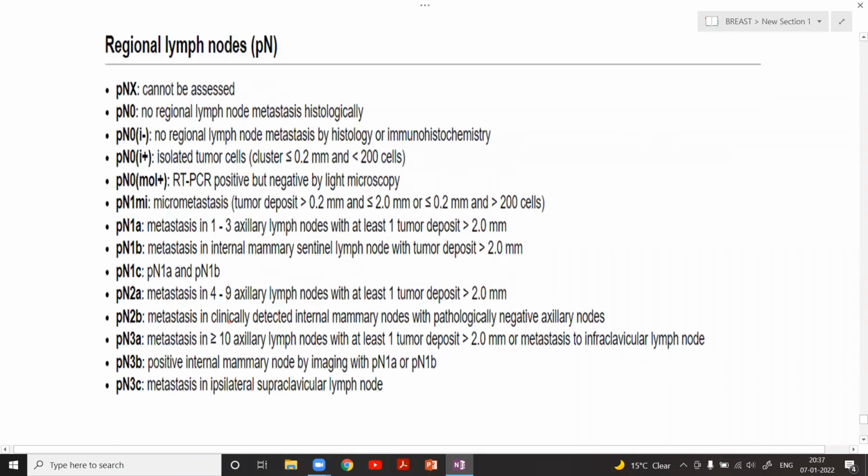We have the nodal staging. Now remember nodal staging very importantly. Remember these two; if you don't remember this, then start from here. MI means micrometastasis, where the tumor deposit is more than 0.2 mm but less than 2 millimeter, and it should contain more than 200 tumor cells.